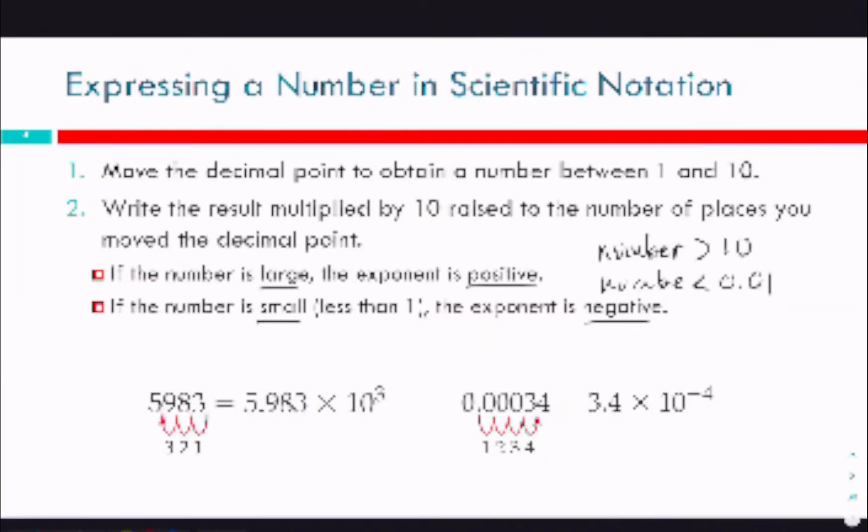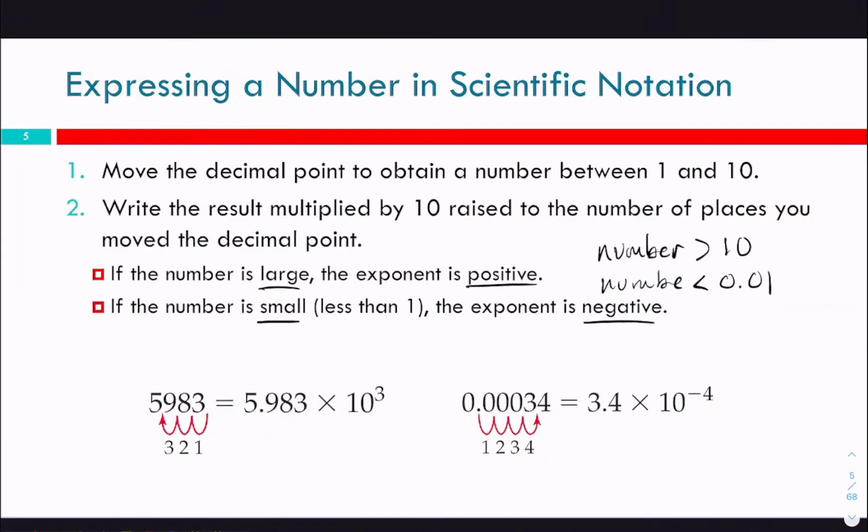And then I have another whole worksheet that has numbers, and it also has answers on the back, so you can try it and then check your answers real fast. I don't think it's posted on Canvas right now, but I will post that.